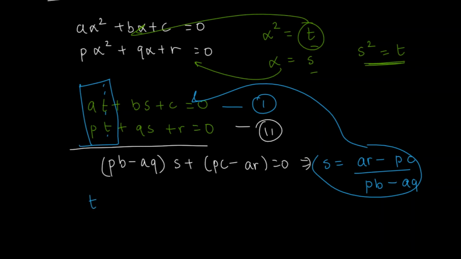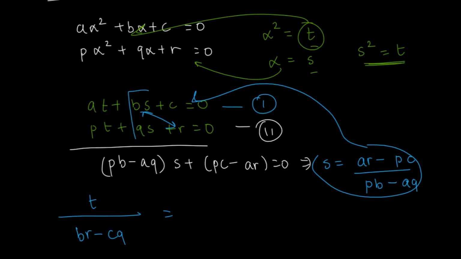So you would write t over (br minus cq), is equal to, and now you cover the s part, and here you write negative s. This is, by the way, something that comes out of solving linear equations in two variables.